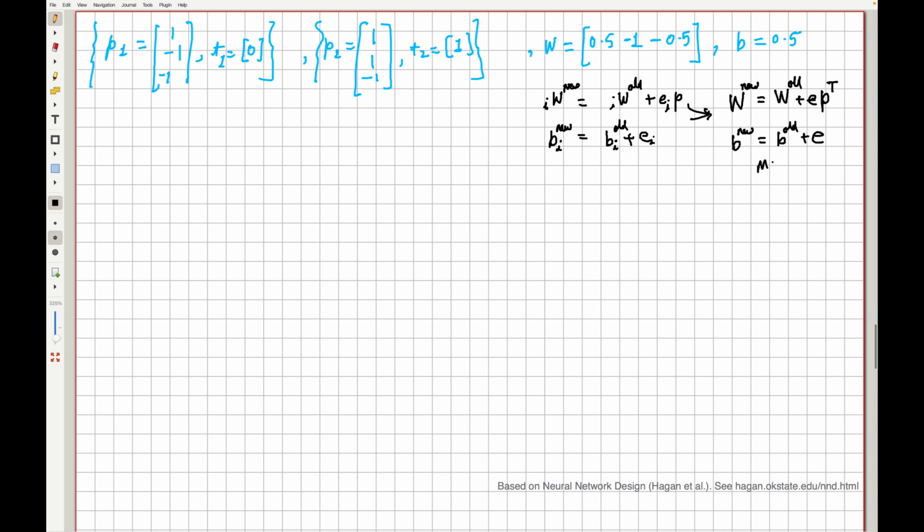So this is the matrix notation, and in the first case right here we talk about the neuron level, the individual ith neuron.